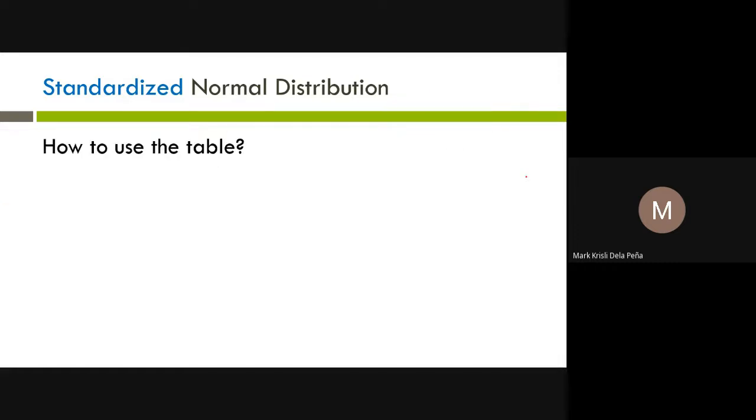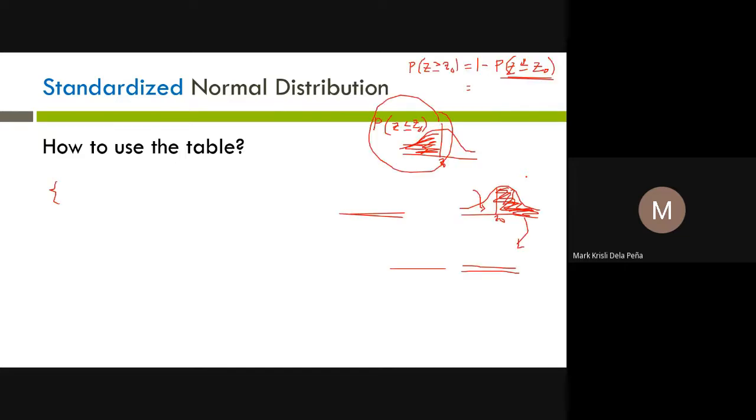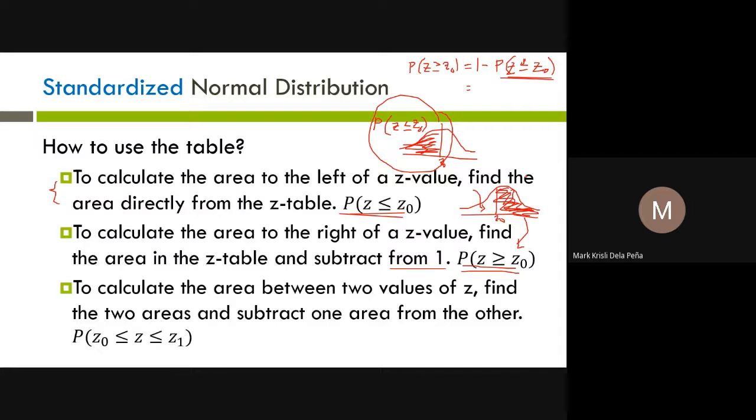Now, if we are going to calculate the area in between two z's, this will be our notation. To convert it, that would be P(z less than or equal to z sub 1) minus, subtract it by, the one which has the lesser value.